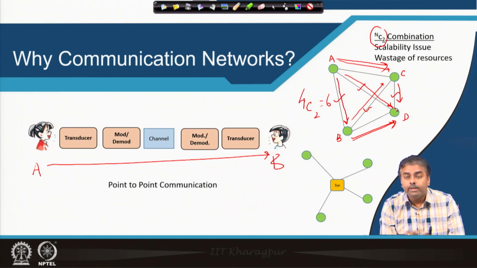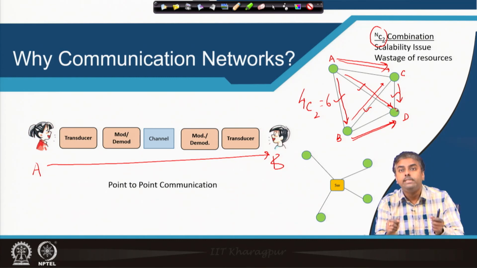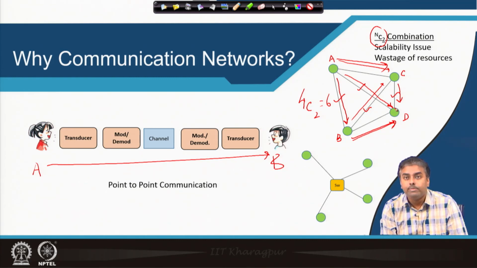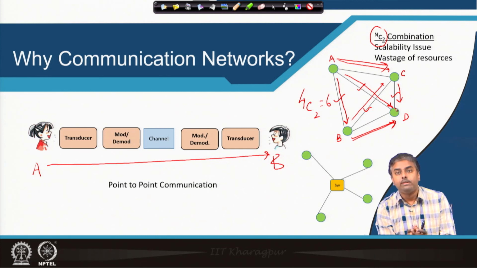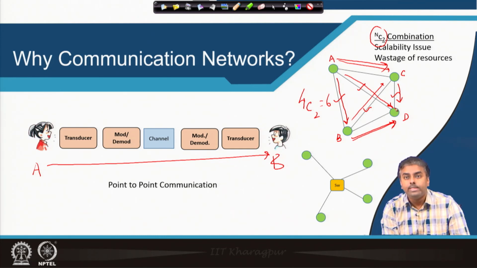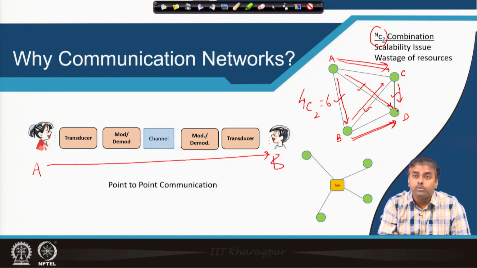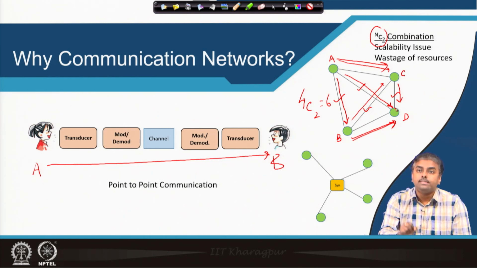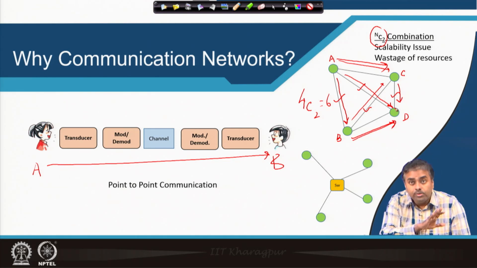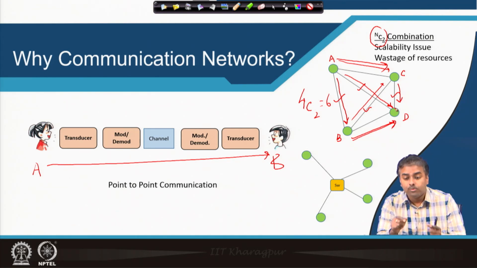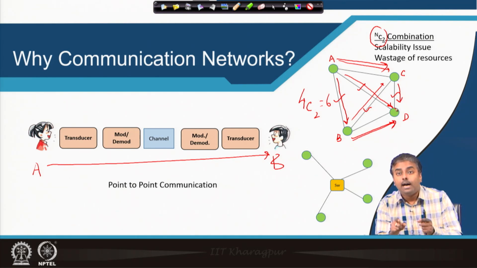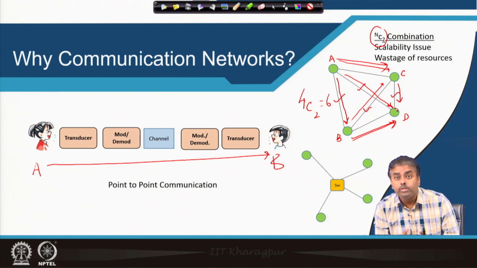That means, if A wishes to talk to C, I have to immediately provide a communication channel between them. Or if A wishes to talk to D, immediately I have to construct a communication channel between them. I should not compromise this requirement, because otherwise the service will be compromised. What I want is for the resources that we put in upfront to be better utilized.